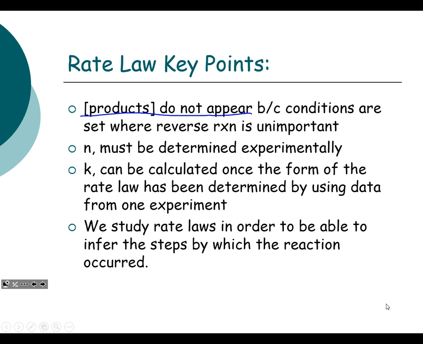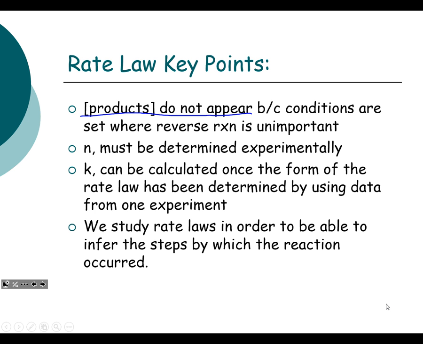We pick our point in time so we don't have to worry about them. n must be determined experimentally. k can be calculated once the form of the rate law has been determined, by using the data from an experiment. And the whole point of rate laws is that we want to get to the mechanism by which this reaction occurred.